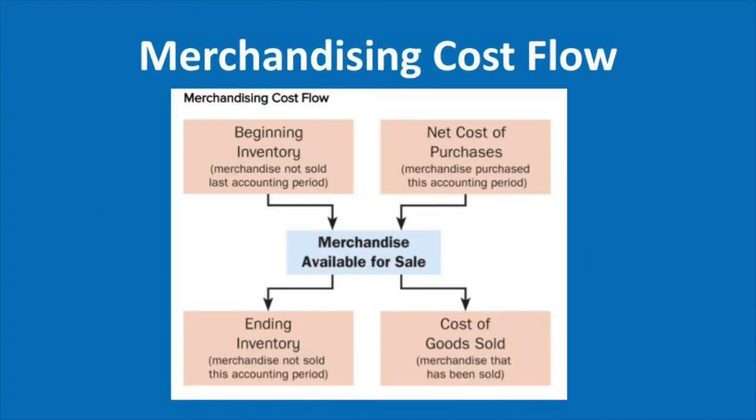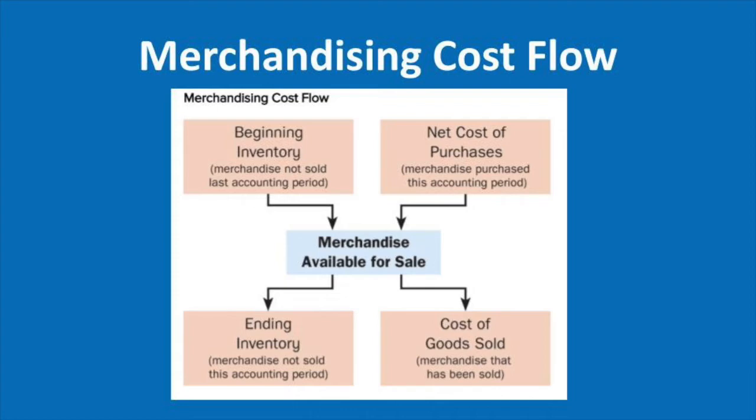You can see the way that it flows here. If we think about merchandising cash flow, there's a beginning inventory. So there's stuff on the shelves, okay? And that stuff is available for sale. That's basically it. We also add product to those shelves as the year goes along. So we make purchases. So merchandise products are purchased during the period.